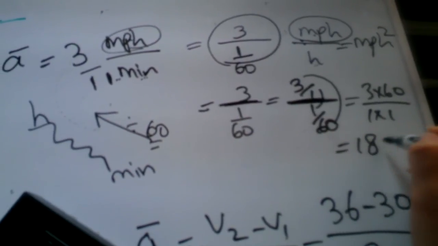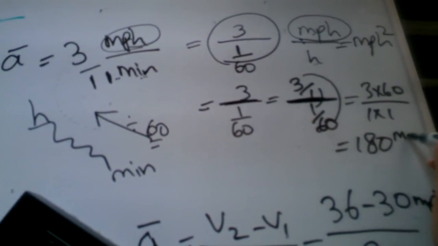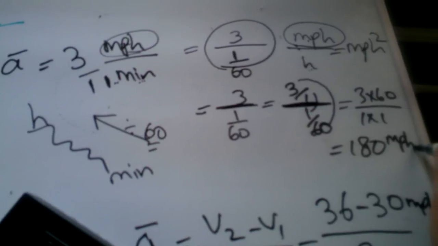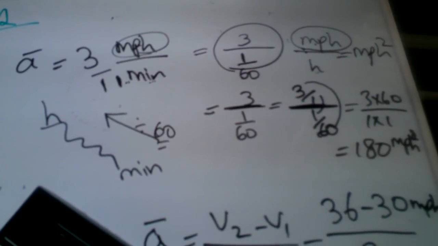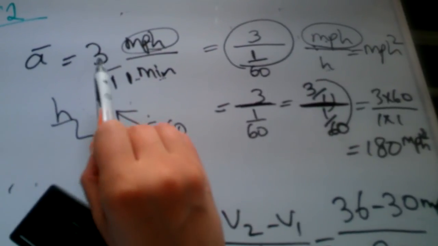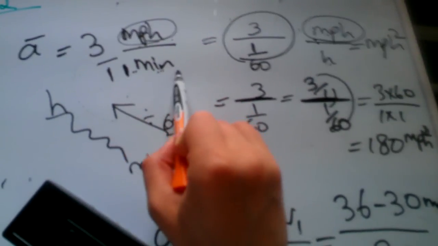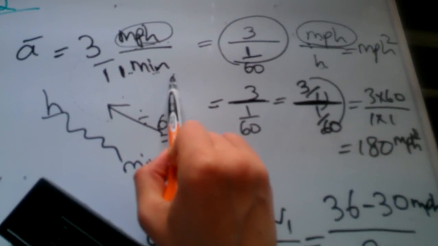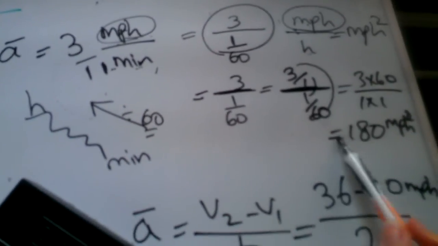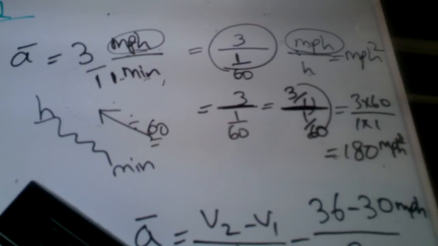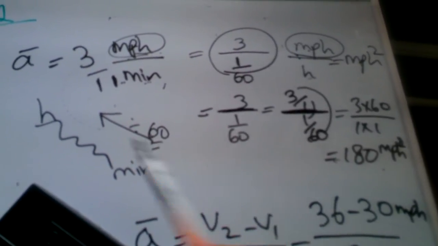That gives you 180 miles per hour squared. So it's either 3 miles per hour per minute, or if you want to describe it in miles per hour squared, then it's 180. And this is how you do it.